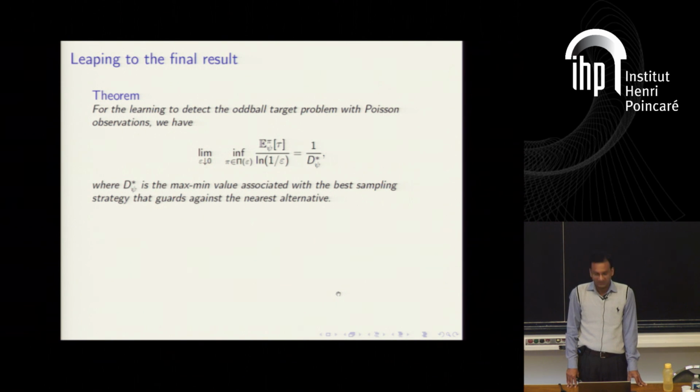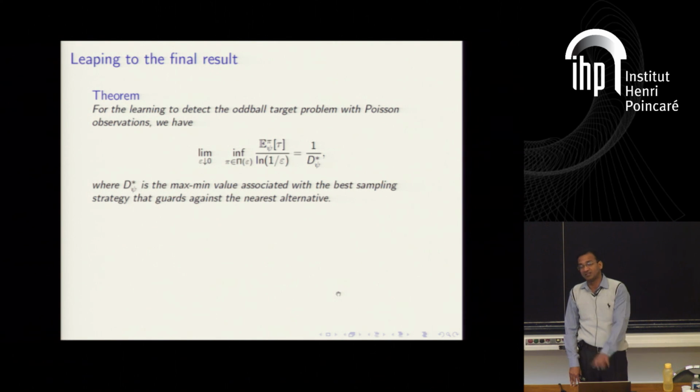For learning to detect the oddball target with Poisson observations, the performance is essentially given by 1 over d star, where d star is the average relative entropy, where the person doing the search is trying to guard against the worst possible alternative.